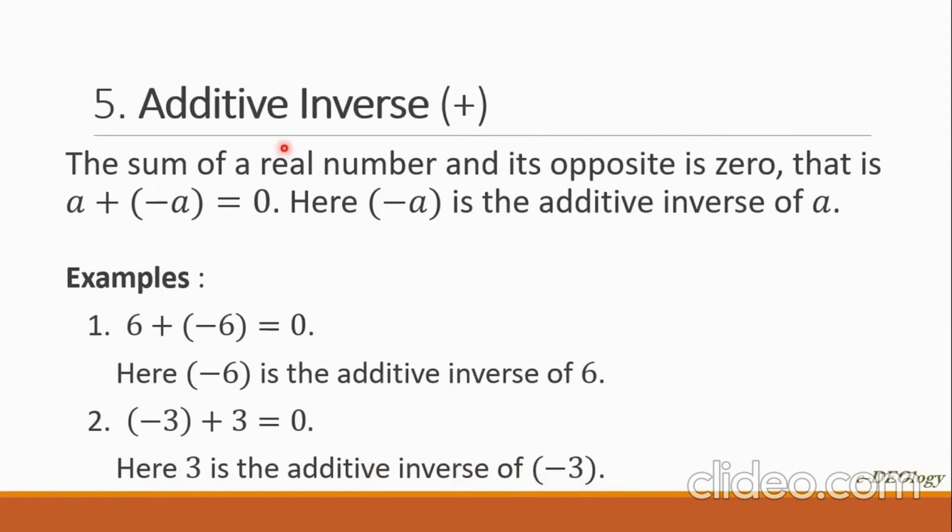By the way, this additive inverse is related to the identity 0, because if there is a given number a, we are thinking of another number that if we add to that number a would result in the identity element, and that is 0. In that case, the negative a is the additive inverse of a.